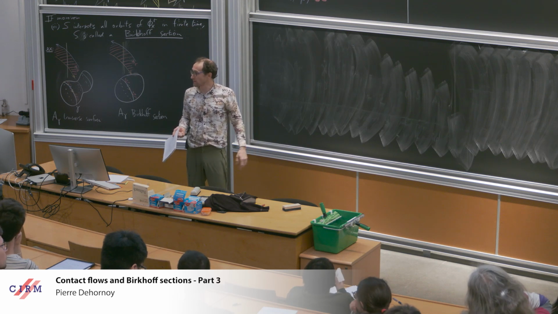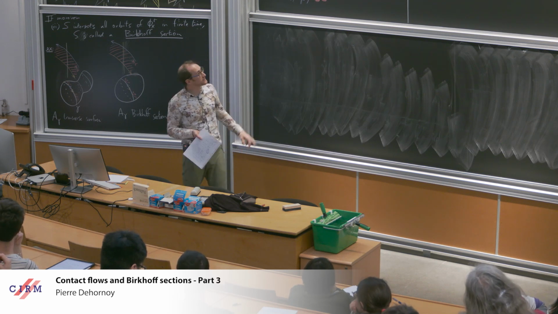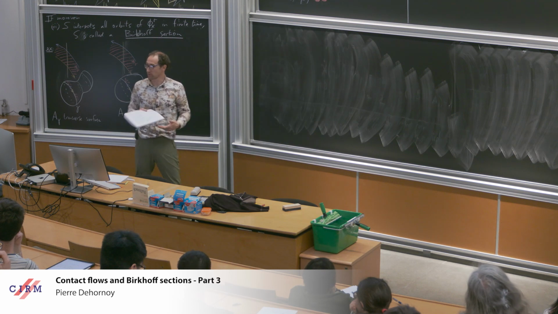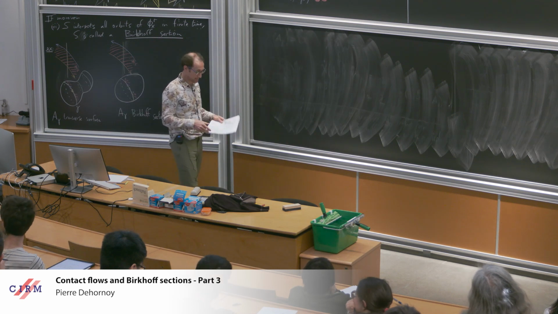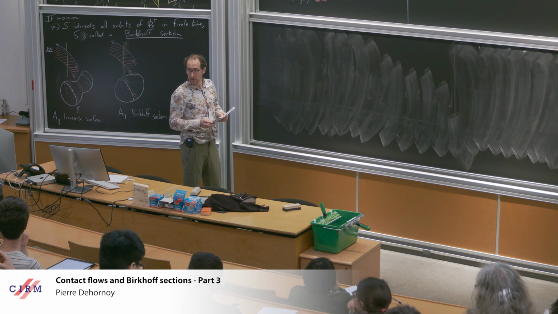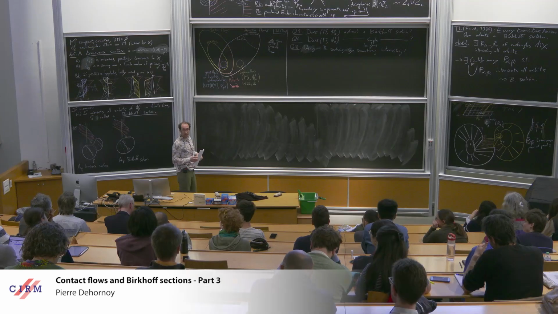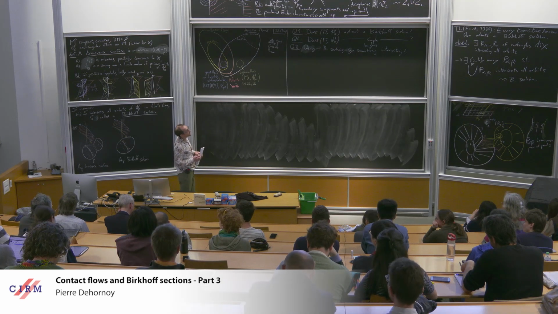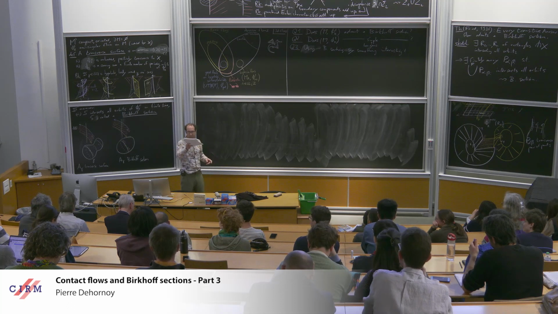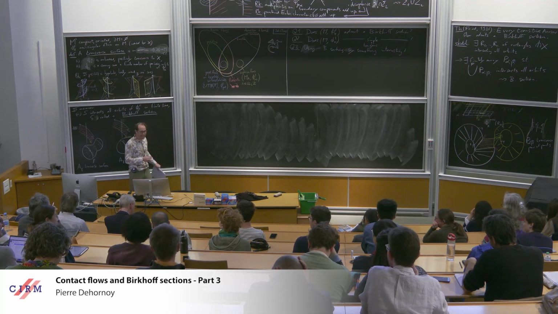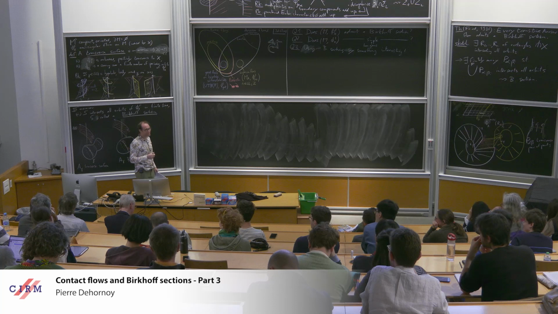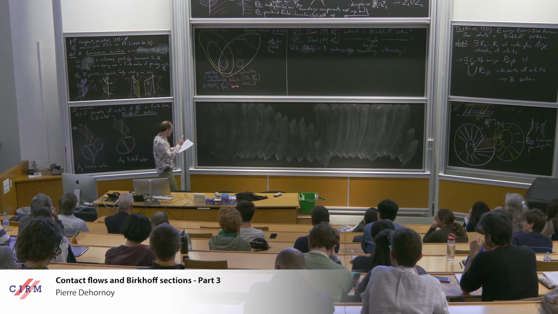That is also valid. For some reason, I prefer that one, but yes, you can ask the other one. What's the minimal number of boundary components? It's not always one.